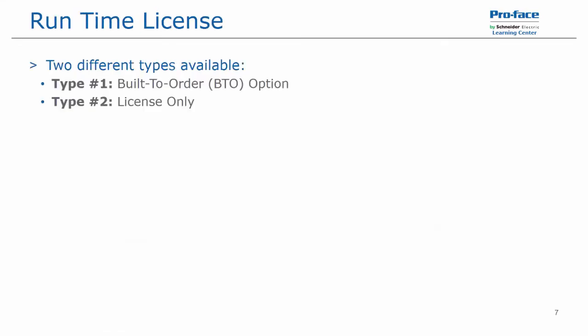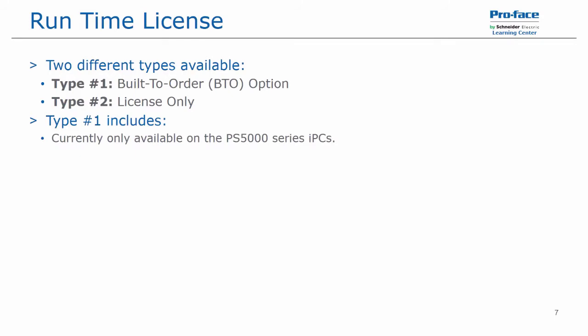The runtime licenses for Blue Open Studio, there are currently 2 different types available. One is a BTO or build to order option, and the second is the license only. Type 1 includes and is currently only available for the PS5000 series of industrial PCs.